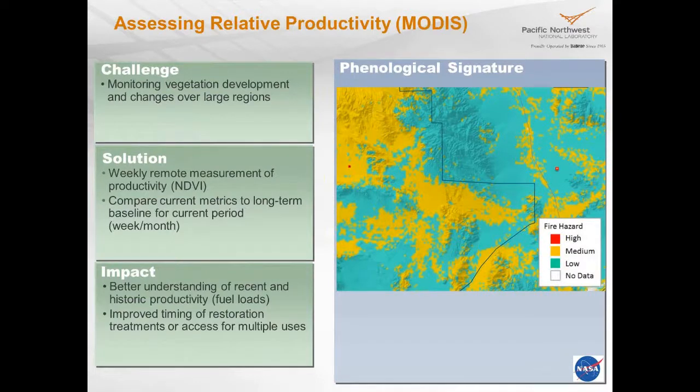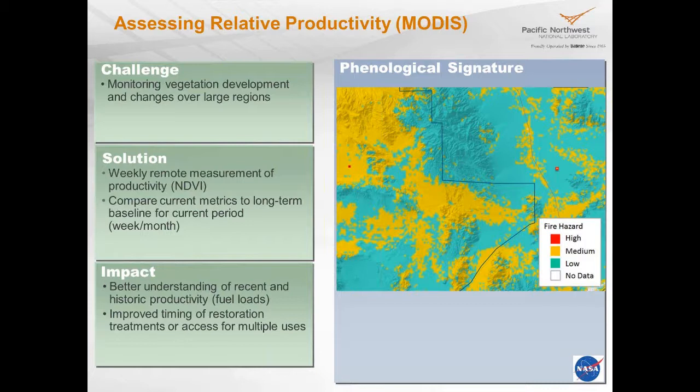An example of one of the tools that we've developed and are continuing to develop is the ability to assess some sort of relative productivity. And I put in parentheses MODIS sensor. We're relying on the MODIS satellite sensor for this particular example. And the challenge being, how do you understand what's going on in these far-flung regions? How do you monitor what's going on?